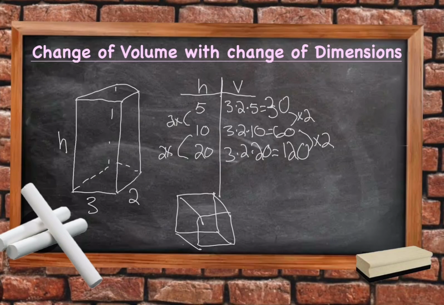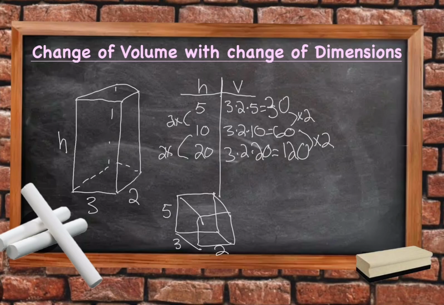So let's see here. We'll have, for example, it's not going to be too perfect since this looks like a square, but let's just try. Again, let's say this is 3, this is 2, and this is 5. Again, it's not scaled perfectly, but imagine it like that.